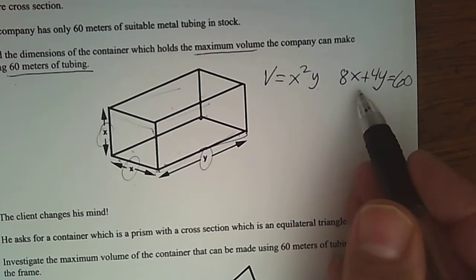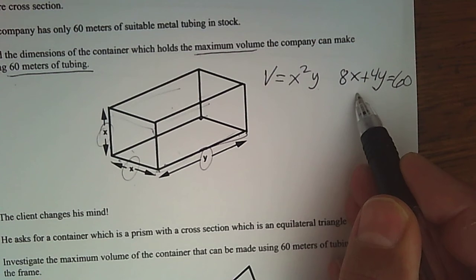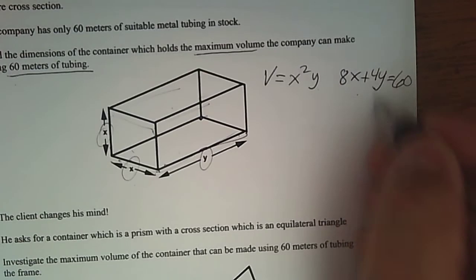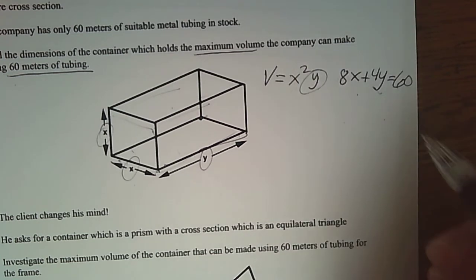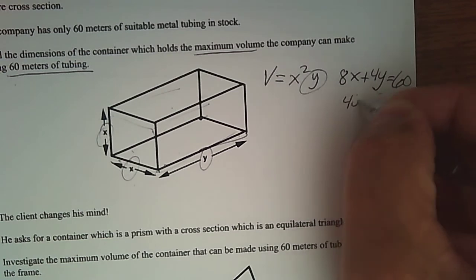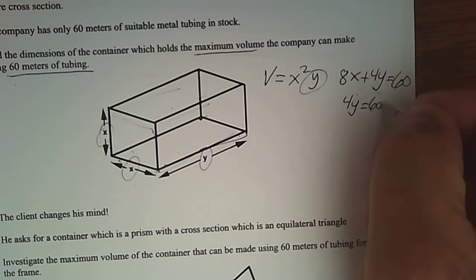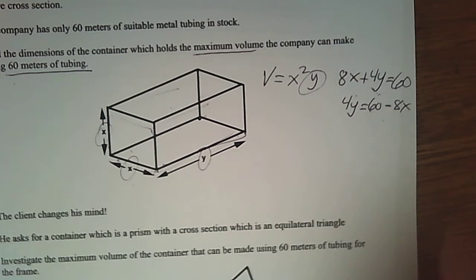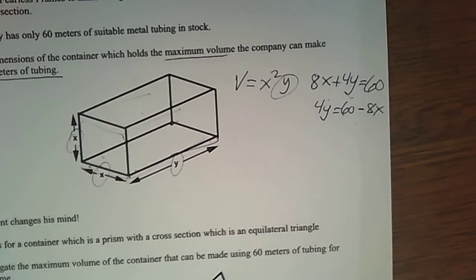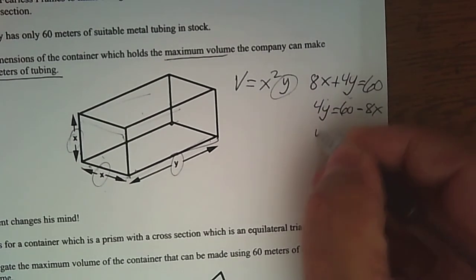So now what do I do with this equation? Well, I want to solve and do a substitution. So I'm going to solve for y to get y by itself. And whatever y equals, I'm going to take out the y and put that in so I have one variable on the right side. So a good first step to get y by itself is to subtract 8x, and then after you subtract 8x, divide everything by 4.